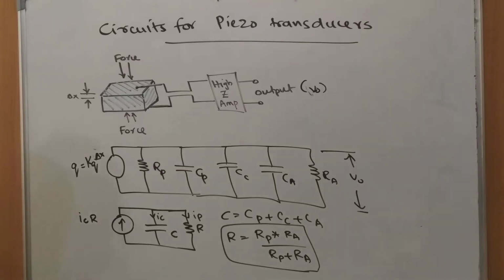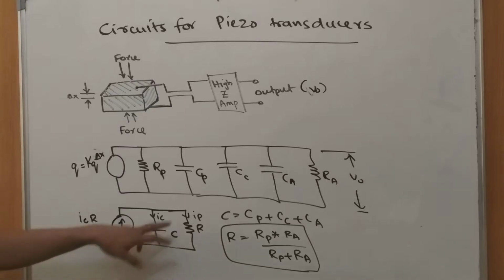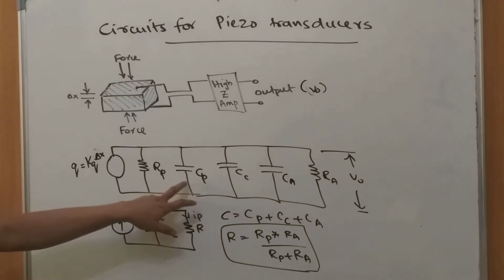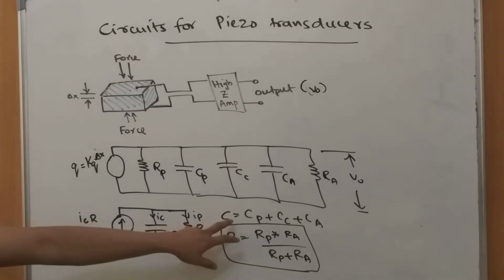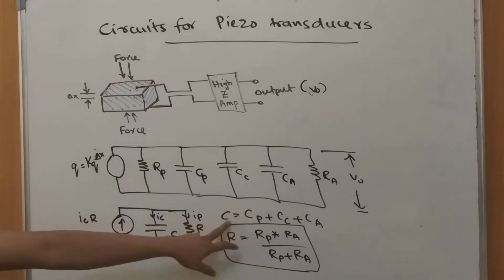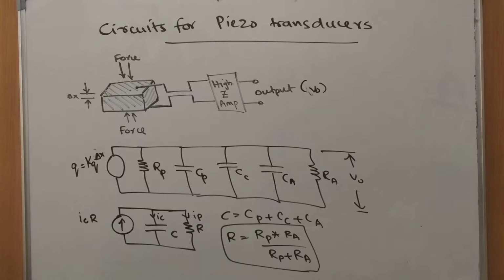The circuit can be further reduced by using an equivalent diagram. In this case, we combine the capacitors, since all the capacitors are connected in parallel. So we find the equivalent value C, which is Cp plus Cc plus Ca, three capacitors connected in parallel, and Rp and Ra are also connected in parallel.